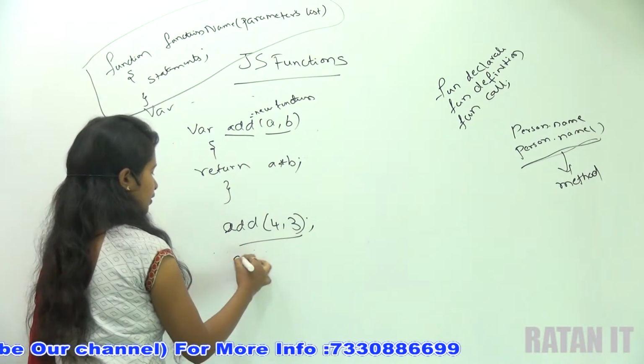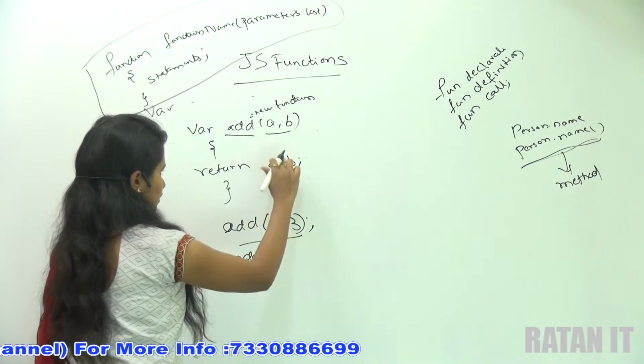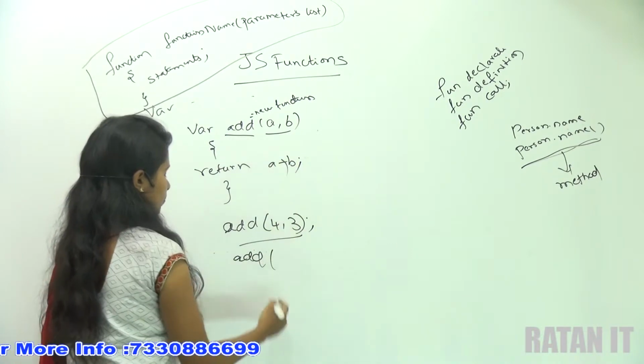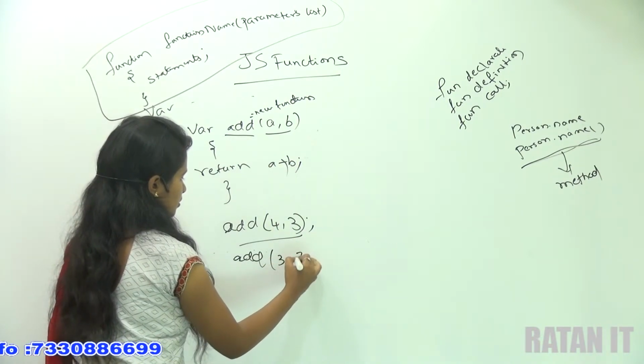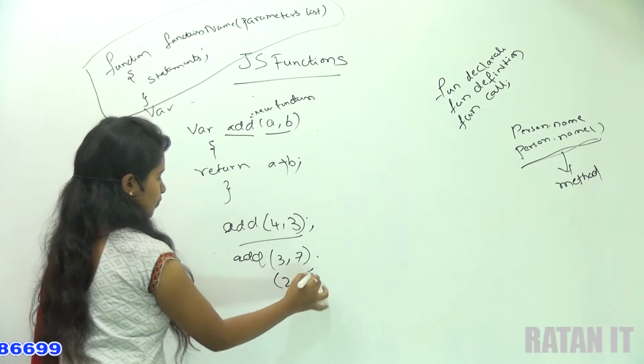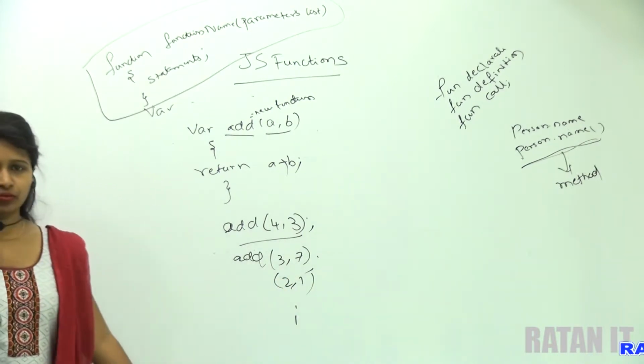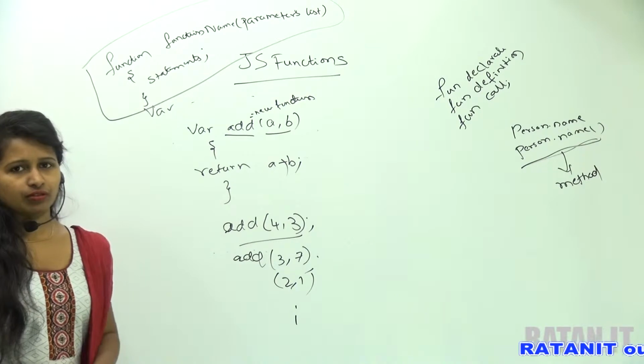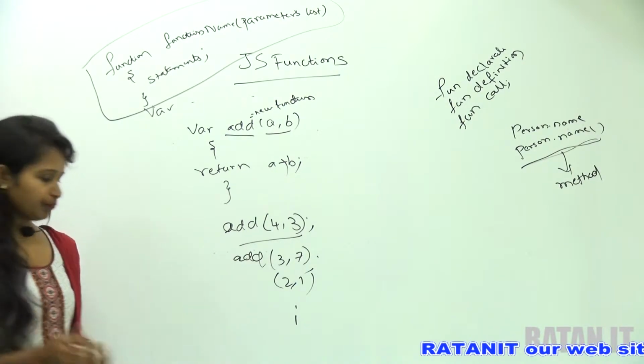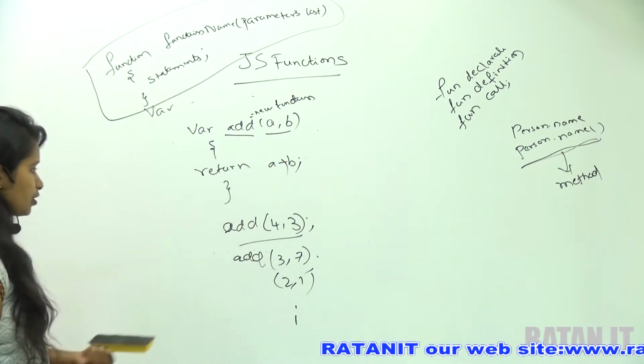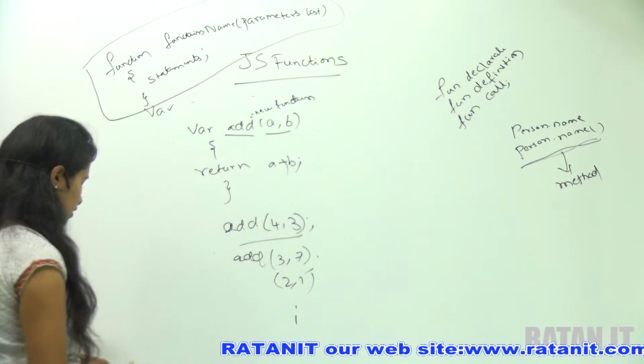Whatever you want, you can use. Here the addition, right? So use a plus, 3 comma 7, 2 comma 1. In however many ways you want, you can use this function. That is the parenthesis, and you understood the function call.